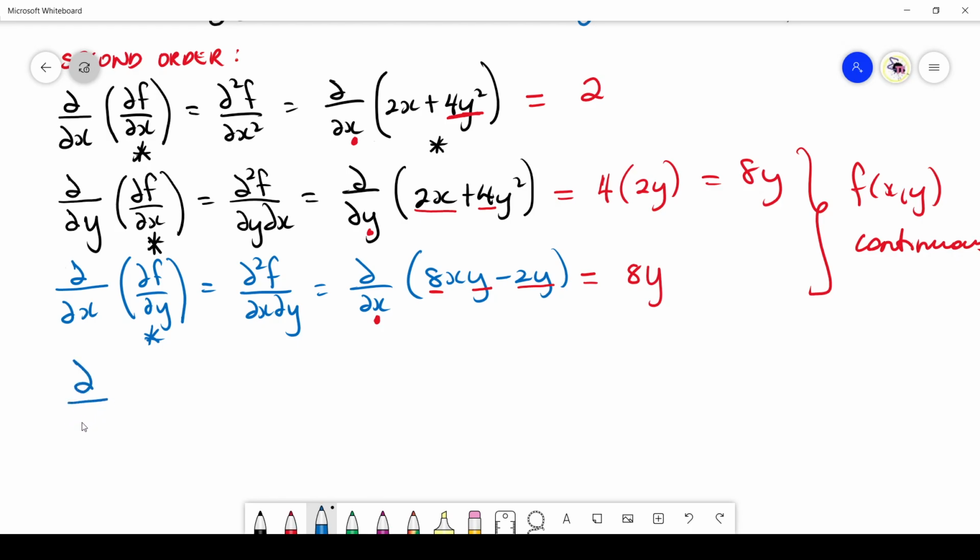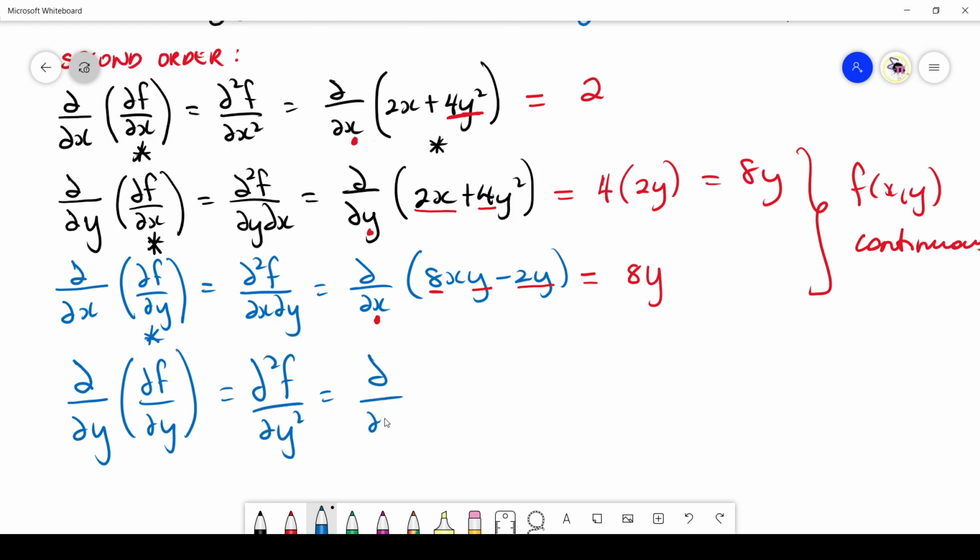What if we were to find delta y of delta f delta y? That's going to produce delta 2f delta y squared. What is that? Well, it just means to differentiate with respect to y, this thingy in bracket. We have to find that. That was 8xy minus 2y. And simply, we're differentiating with respect to y.